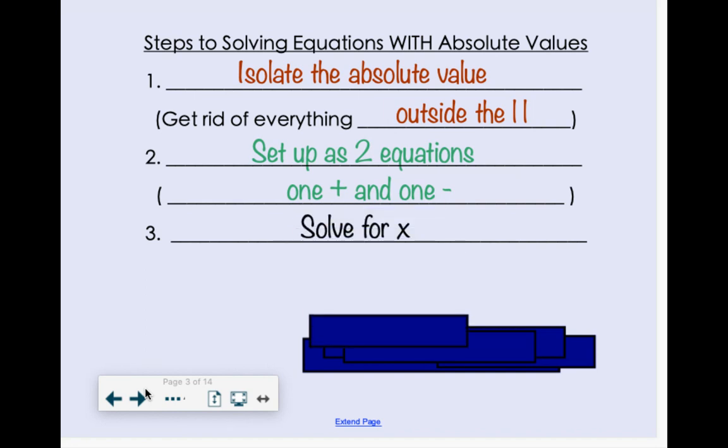Then lastly, solve for x in both equations. Okay? So isolate it, set it up as two equations, solve for x. And that's how you're going to get your two solutions. Once again, you have two solutions because absolute values can take away a negative, so we don't know if the negative was originally there or not.